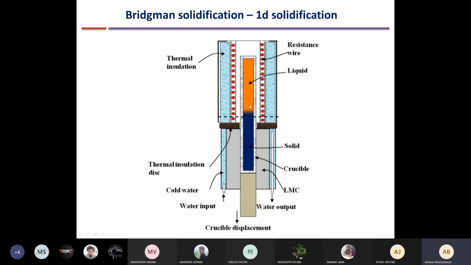Okay, it is held within a ceramic mold. The ceramic mold has a higher melting temperature, so it is solid. Now the mold is gradually pulled down at a small velocity, around 10 centimeter per hour. When it is pulled down, outside it is cooled either by air or chilled by water circulation as shown here.